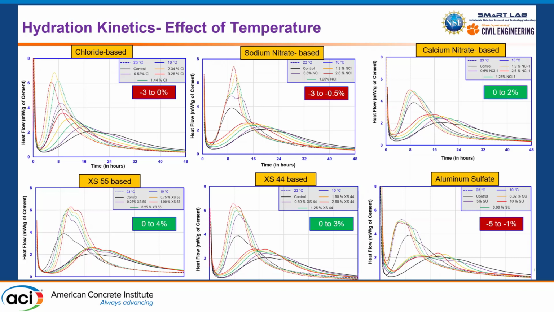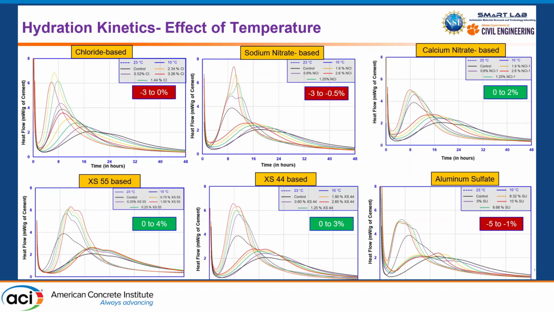In addition to that, we saw that the peak of our aluminum sulfate based admixtures is significantly retarded at 10 degrees, so they don't behave as well as they do at 23 degrees. Talking about the heat of hydration at 7 days, for chloride based admixtures it was about 0 to -3% as compared to control.